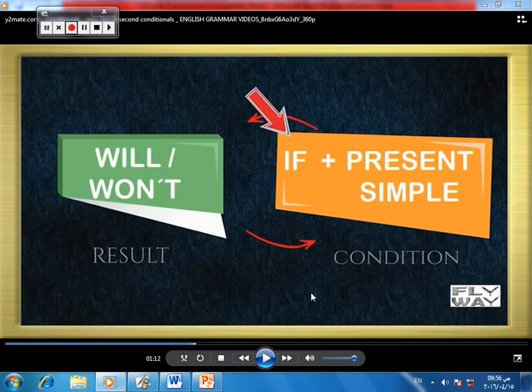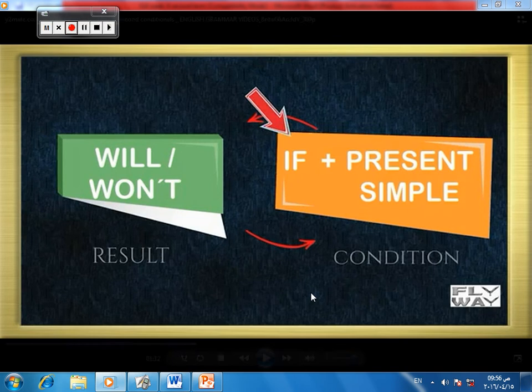So here in the first conditional, in the if clause we have the present simple, and in the result clause we have the future simple, and we all know that the future simple is will plus the infinitive, and we know that the infinitive is the bare verb, the verb without adding anything. Okay?